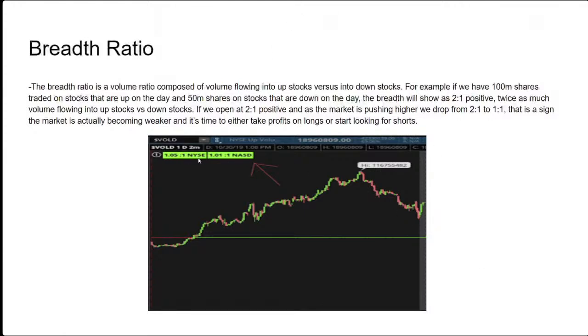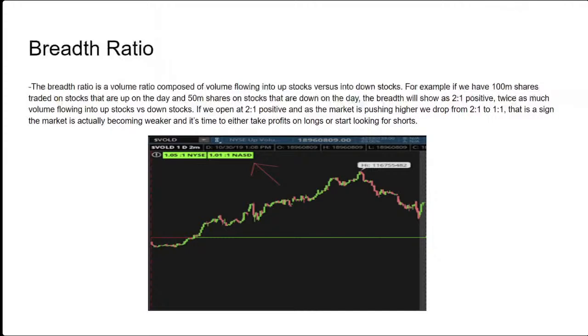Anyways, the breadth ratio can just be something you have on your chart. It's basically a gauge of the market. It tells you how much gas the market has. Let's just say the market is a car, and you want to know how far this car can go before running out of gas.